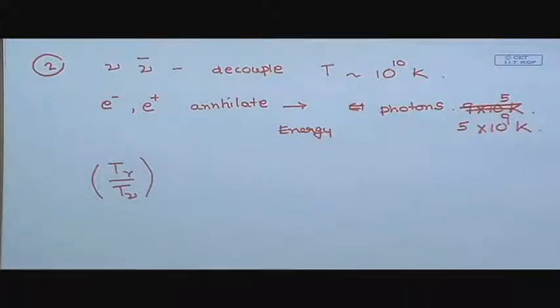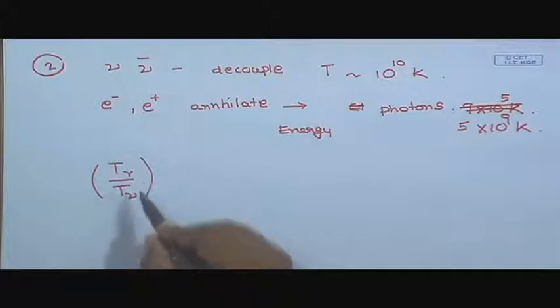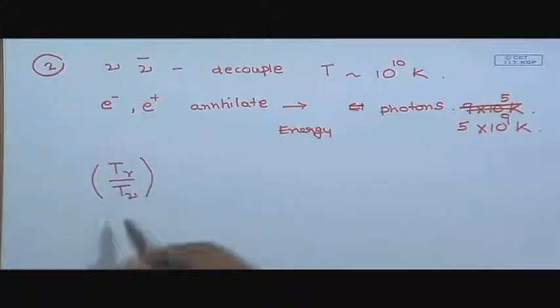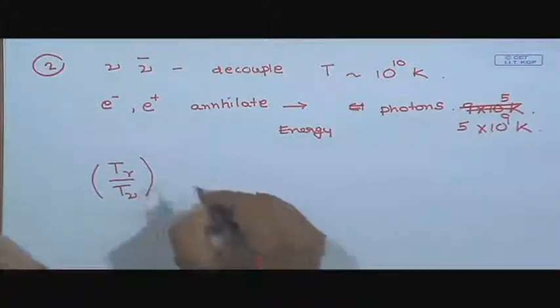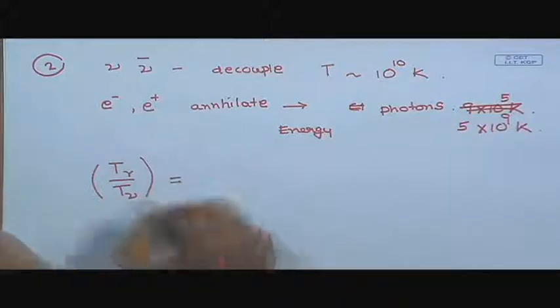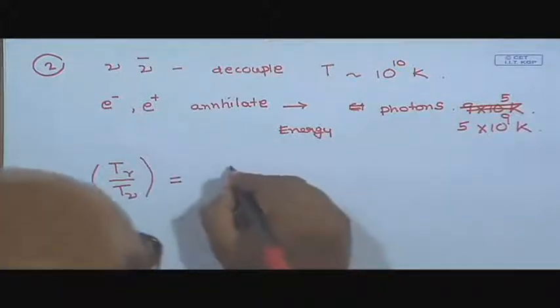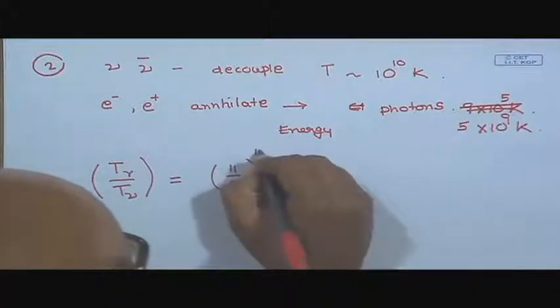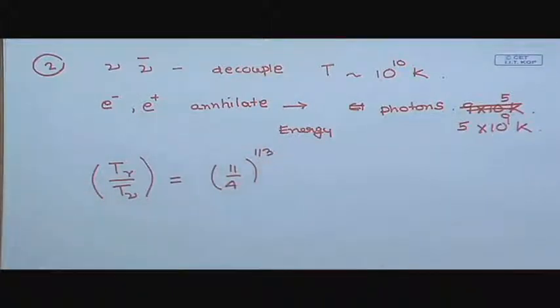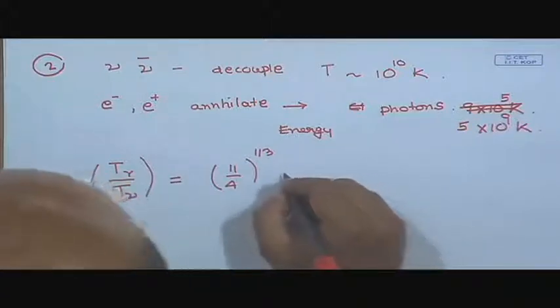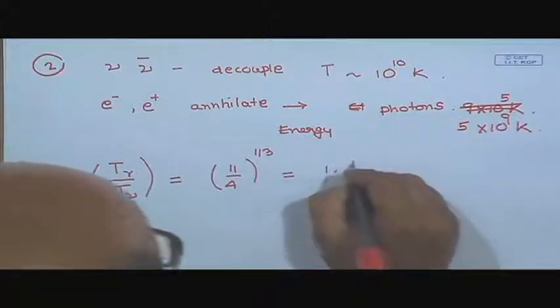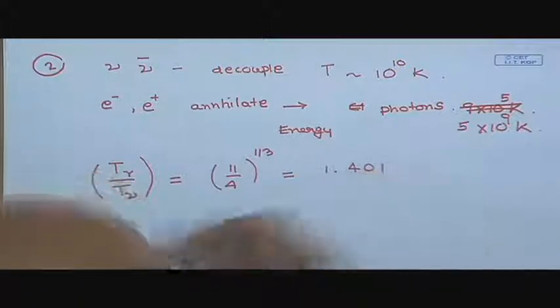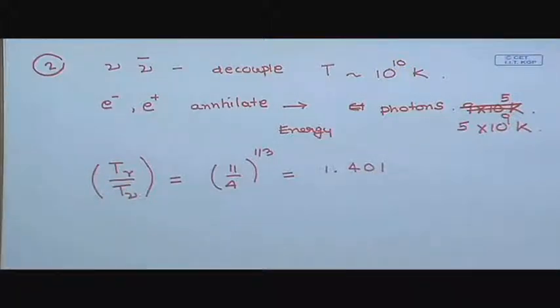So, the photon temperature goes up relative to the neutrino temperature at this epoch, and this ratio we have worked out in an earlier class. It is (11/4)^(1/3), and this ratio is 1.401. We have worked out all of these things in the last class.